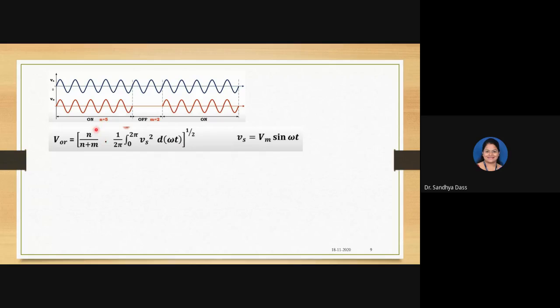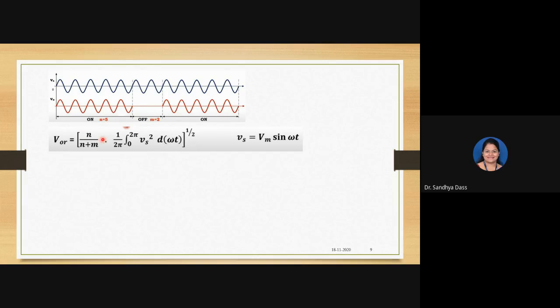Here you can see one more parameter, n by n plus m, which is our duty cycle. Why are we multiplying by this duty cycle? Can anyone tell me? Can you think why the duty cycle is multiplied with this expression for VRMS? Because the output we are taking is for one complete cycle, right?